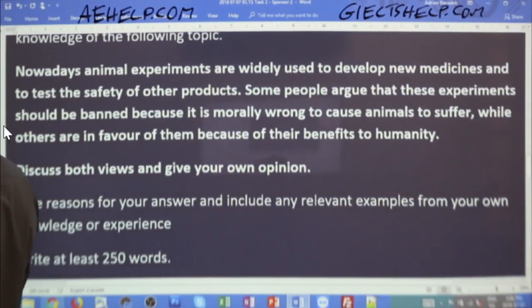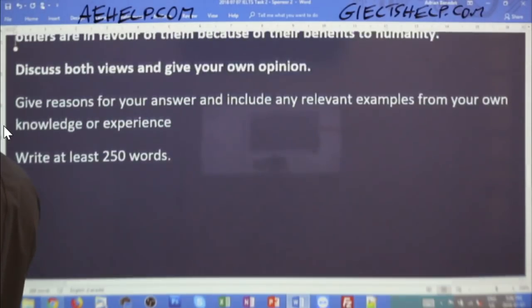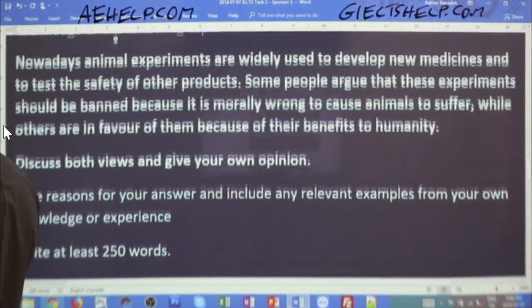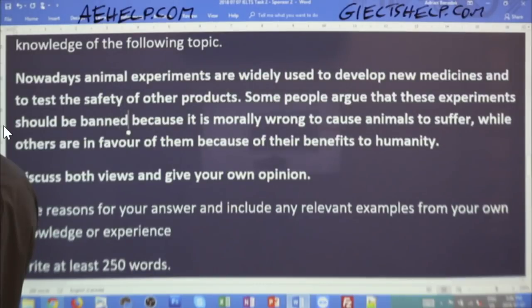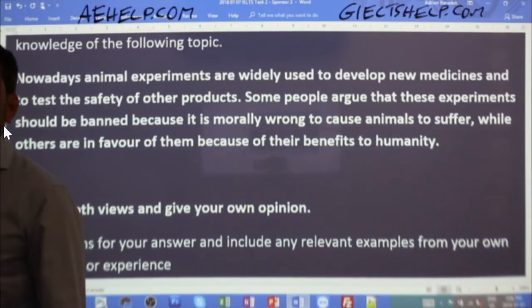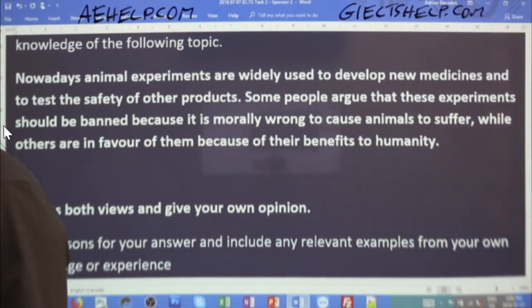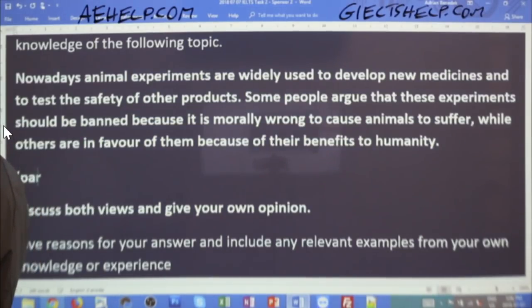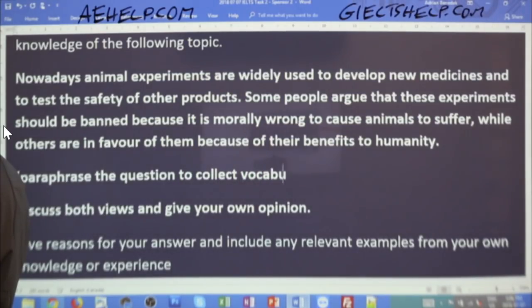Remember, one of the first steps, and you should practice this at home, is paraphrasing the question so you can collect vocabulary, make sure you understand all of the parts of the question, and it gets you thinking about what to answer. So paraphrase, and always practice this at home. Paraphrase the question to collect vocabulary, check understanding, and think of the answer.